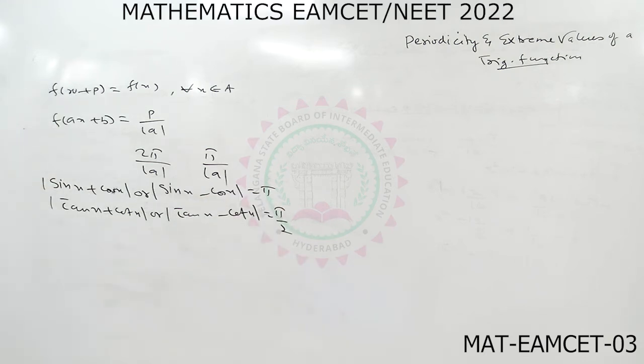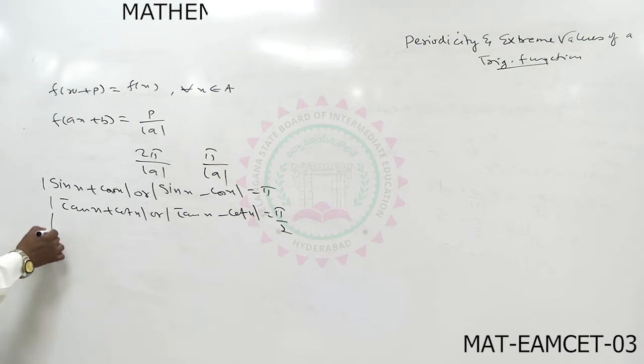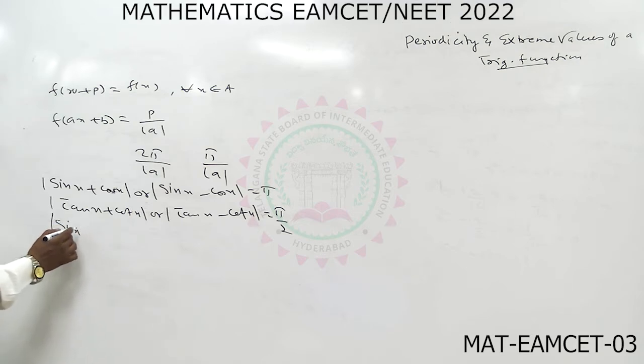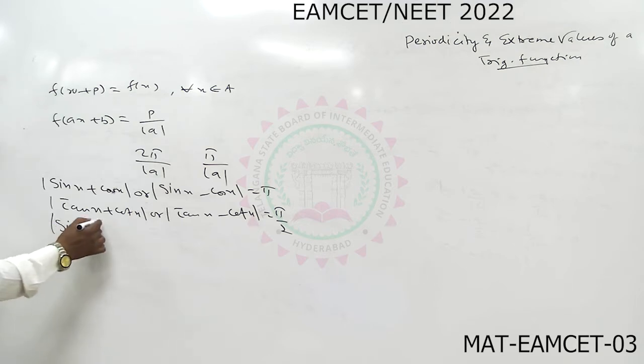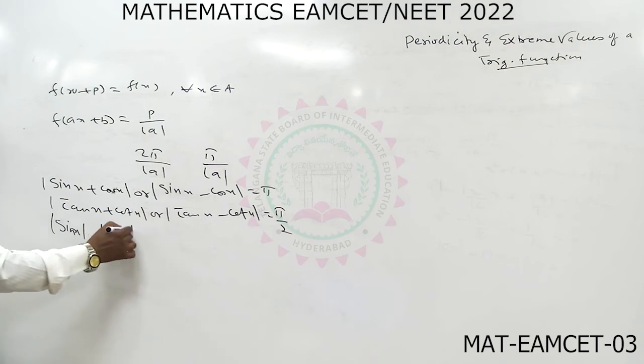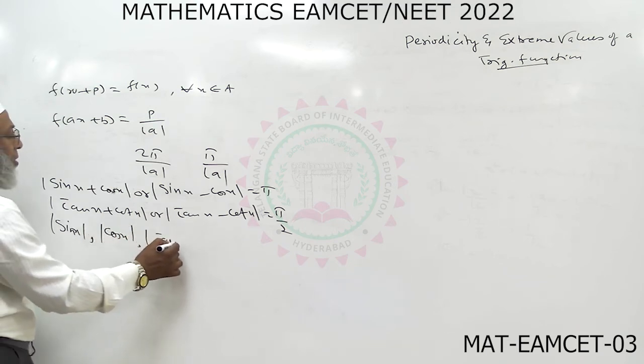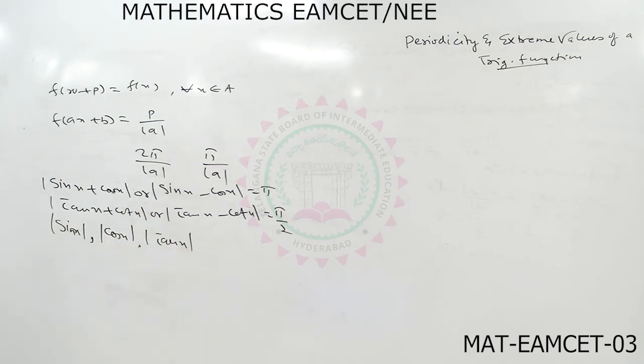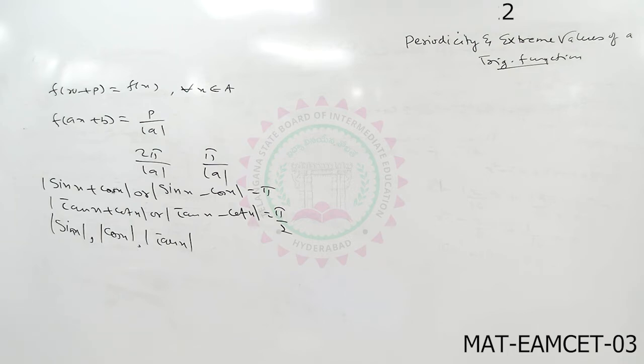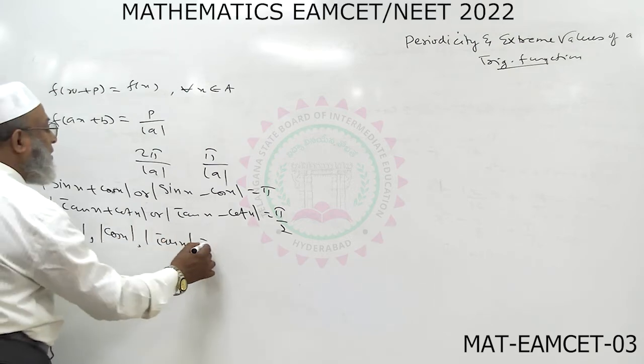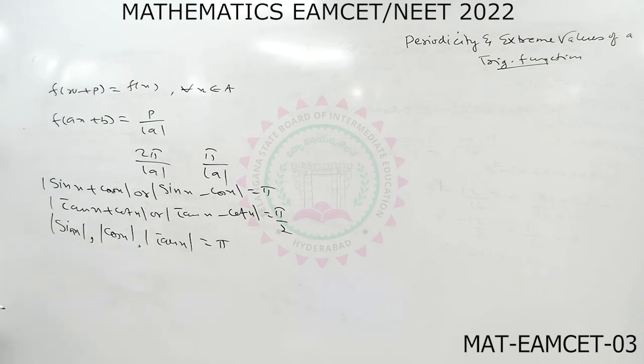Similarly, the period of mod sin x, mod cos x, or mod tan x individually, is also equal to pi. This is in modulus.